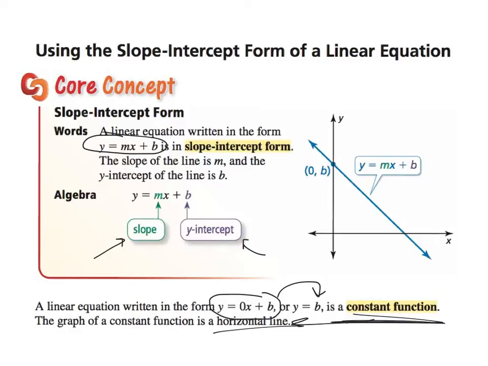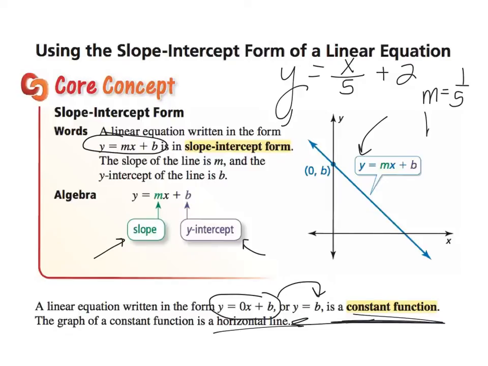So as you know, the equation is solved for y. So if you had y equals x fifths plus 2, the slope would be 1/5, and the y-intercept would be 2.